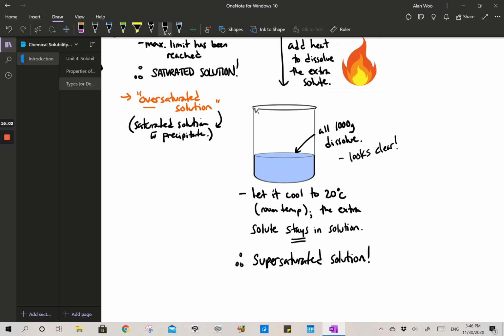And supersaturated solutions are actually very unstable. Because if I were to vibrate it, shake it, put some more solute in, all that dissolved solute now crystallizes.